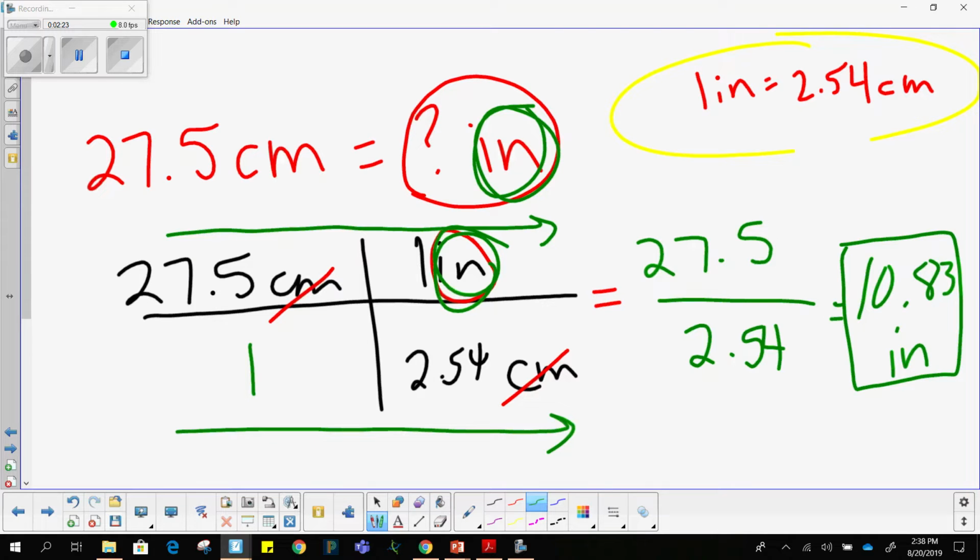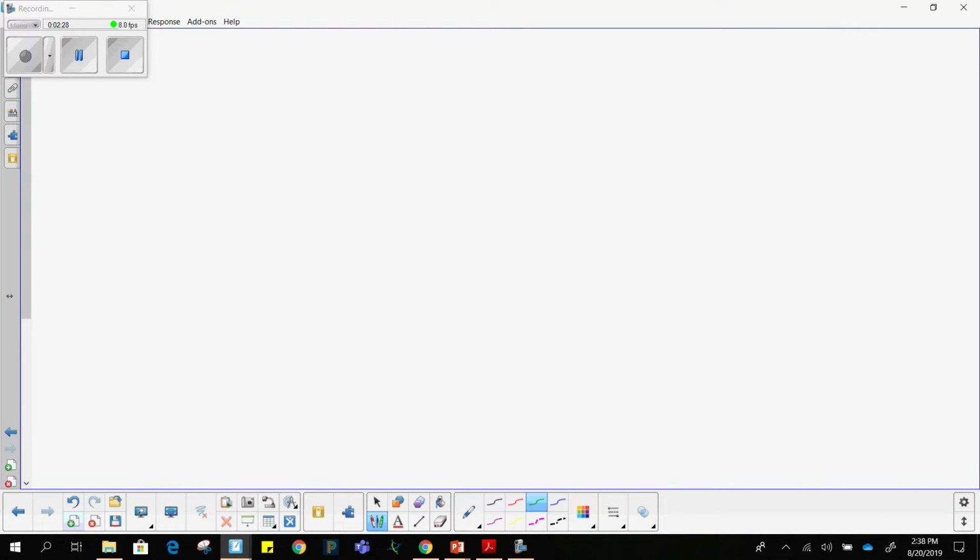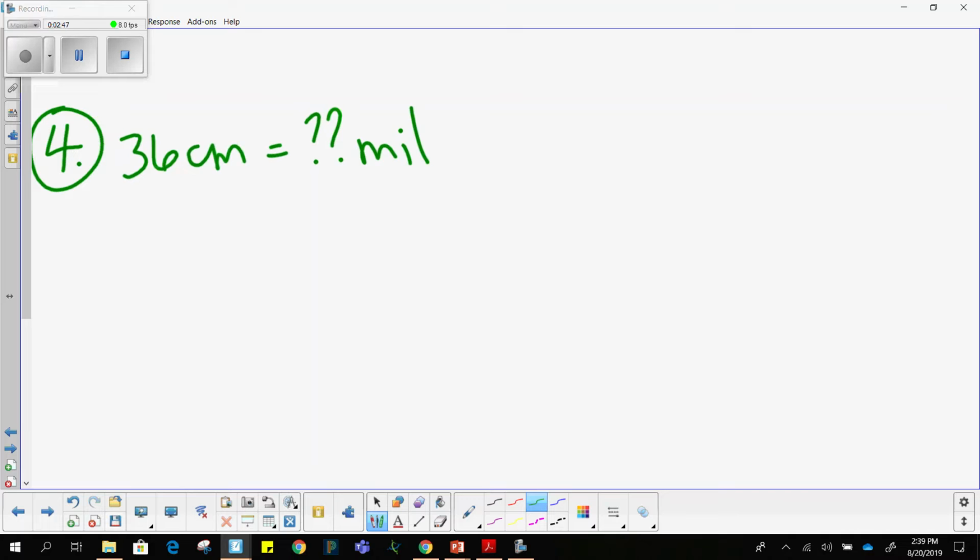I will talk more about that another time, but let's say that we have another problem that we want to do. And this time there's a little bit more involvement. I am going to refer to number 4 on your homework worksheet because this one was always a little challenging. What it gives us is 36 centimeters, and they want to know how many miles that is going to be. So there's a few things we know. The first thing we know is that for every 2.54 centimeters, you have 1 inch.